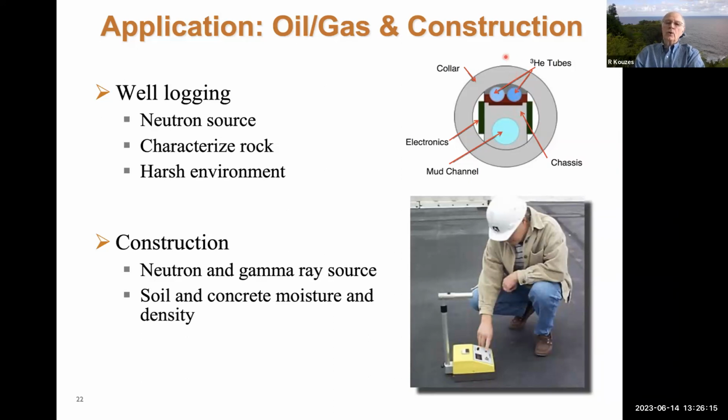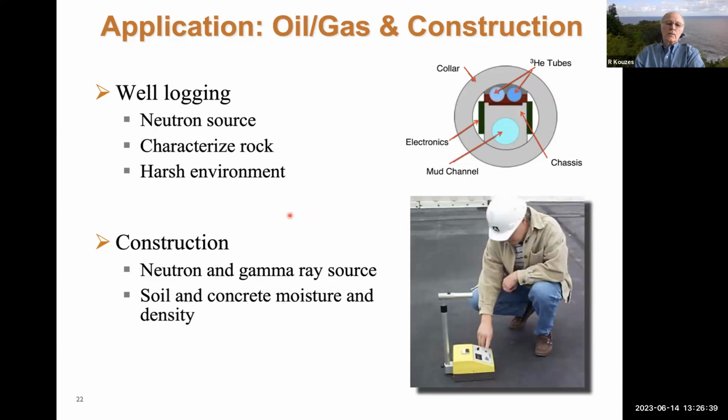And if there's protons present from oil and gas or from water, you will get a reflection of those neutrons back into the detector, and you can determine where the oil and gas is in this well. So there are hundreds or thousands of these types of sources that are scattered around with the associated detectors.